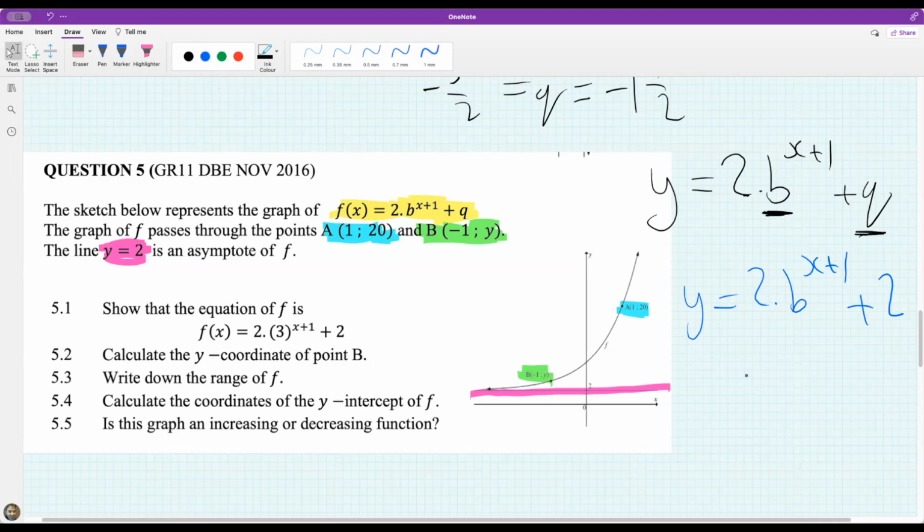See if you can find me what B is, or what would you use to get B now? Yeah, you would just use the point. In fact, the only point that you have is 1, 20. So if I took 1, 20, I'd put a 20 where the y is, and then I'd put a 1 where the x is. And what is your B value going to end up being then?